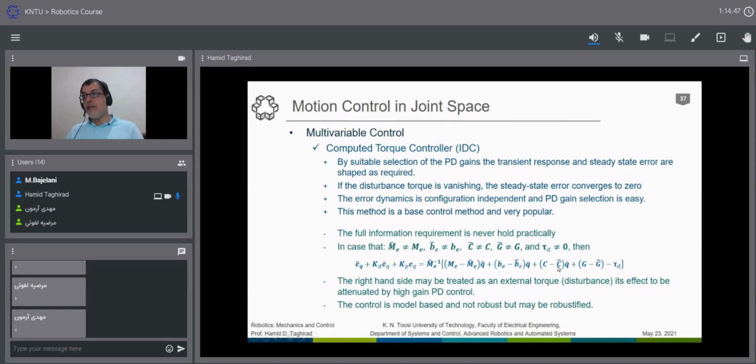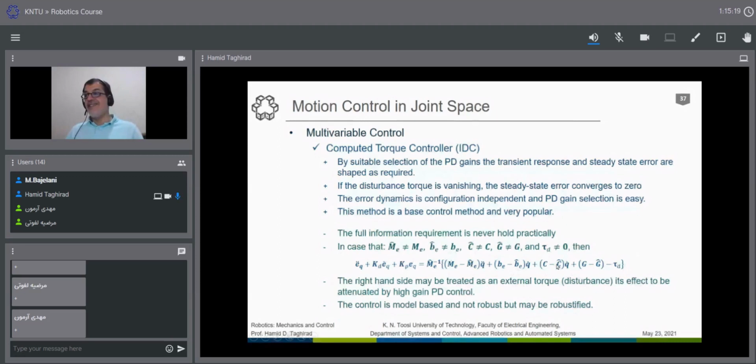So this remaining part can be considered as an external disturbance. And you know that a PD controller is very well suited to reject this disturbance. So with the power of feedback and with the power of linear control, we can combat these nonlinear terms.